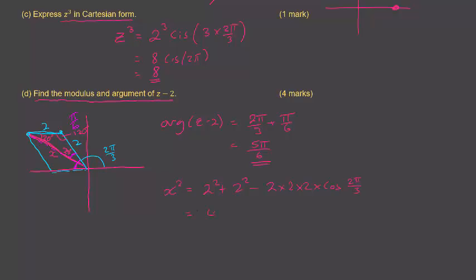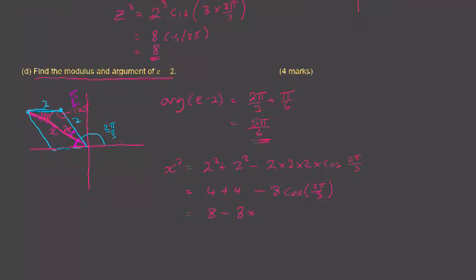So that's going to be 4 plus 4, take away 8 cos 2 pi by 3, which is 8, take away 8 times the cosine of 2 pi by 3, again a standard angle, you should know this, is -1/2.